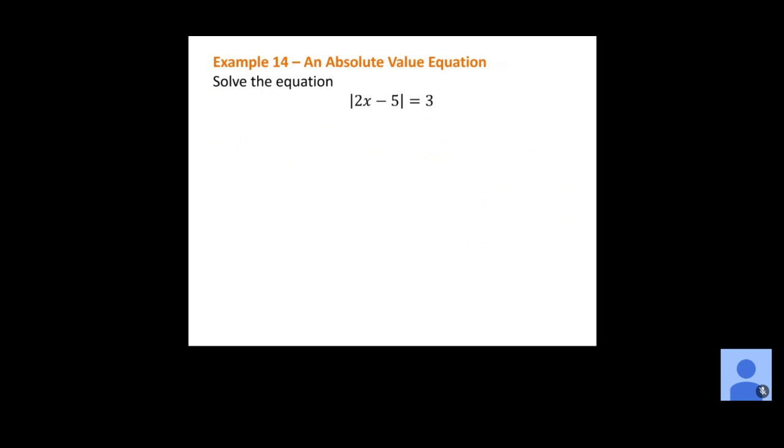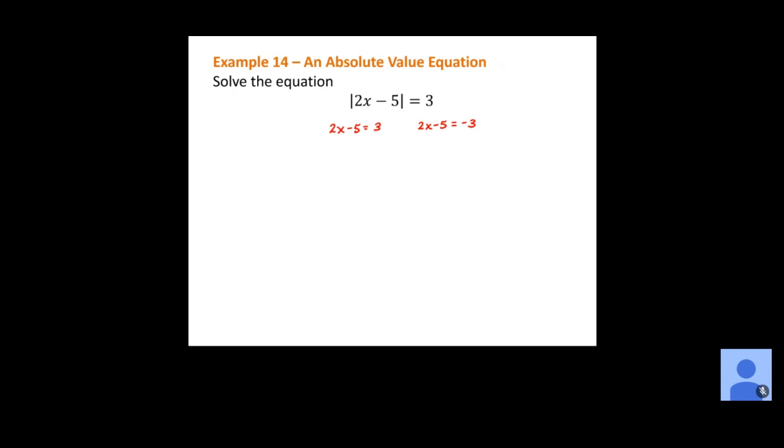So the stuff inside this absolute value could either be equal to 3 or it could be equal to negative 3. So I'm going to take everything inside here, 2x minus 5. I'm going to set it equal to positive 3. But then I'm also going to take everything inside and I'm going to set it equal to negative 3 instead. Because in either case, once I take the absolute value, it's going to come out as a positive 3.